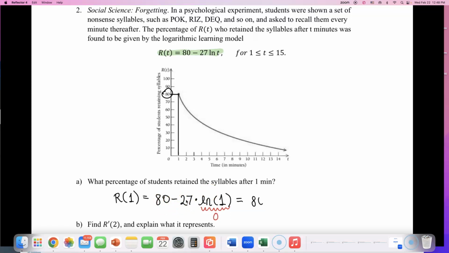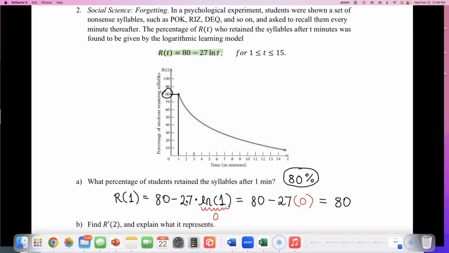You can definitely type this into your calculator, but natural log of 1 is 0. So 80 minus 0, you will get 80. So the answer is 80% of students still remembering these random syllables.